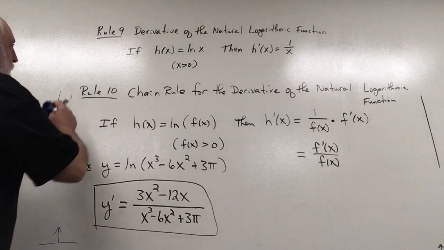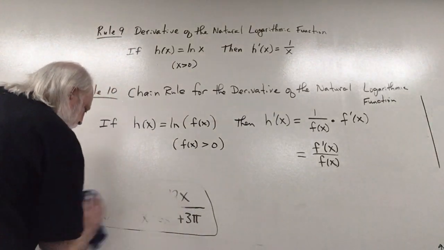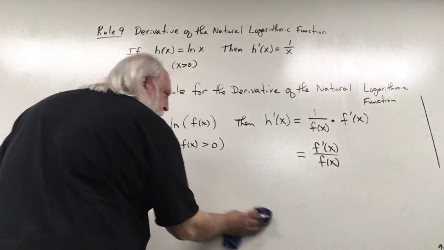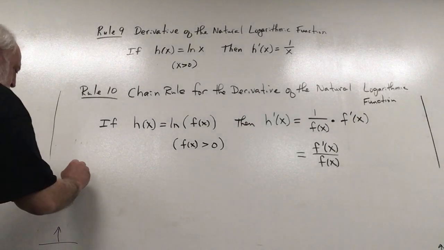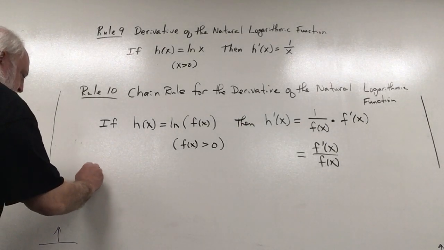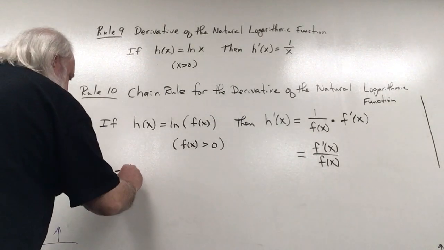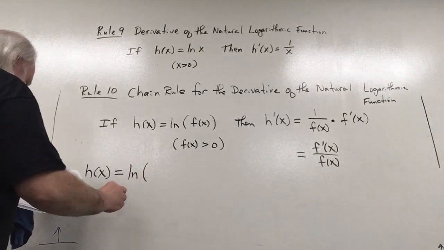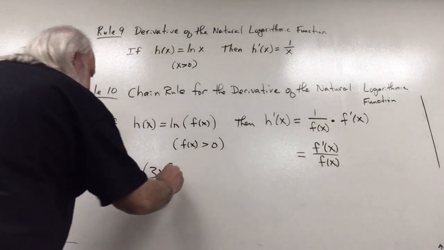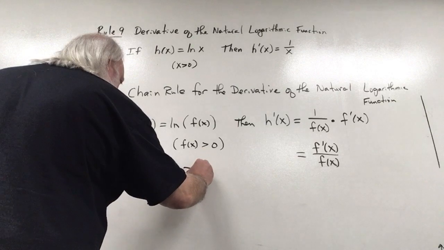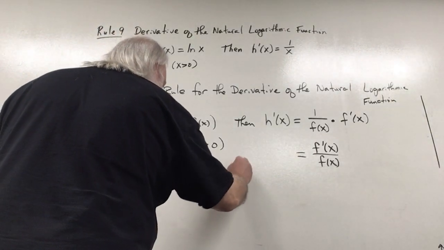In the next example, we have h of x is equal to the natural log of 3x to the 5th minus 3x to the 4th minus the natural log of 3.